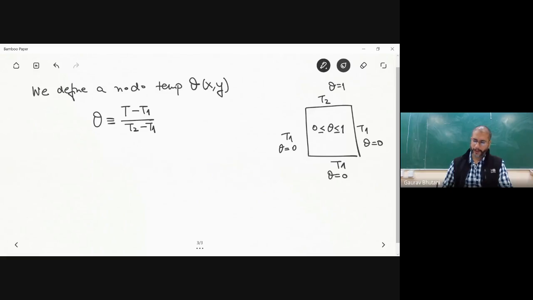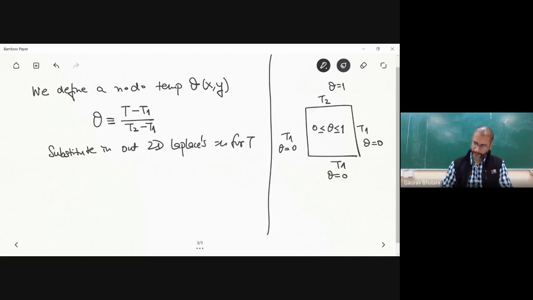But when we substitute this, the equation remains the same. You can substitute T is equal to theta times T2 minus T1 plus T1. So when you substitute in the Laplace equation, what we get is the same equation for theta.